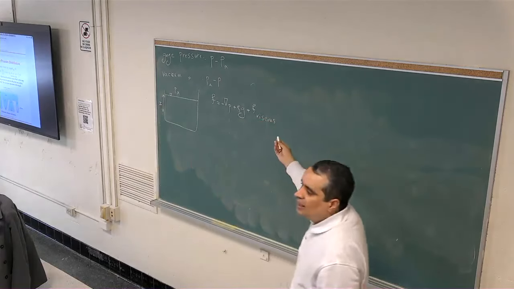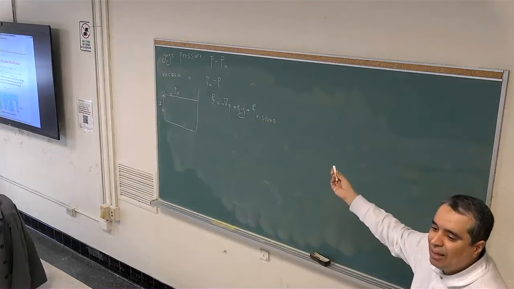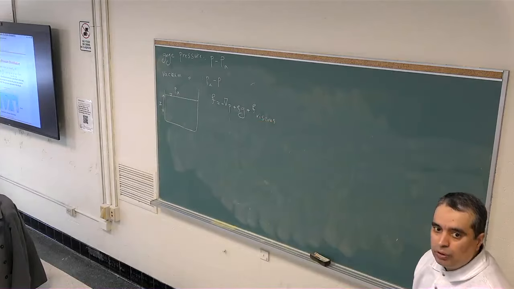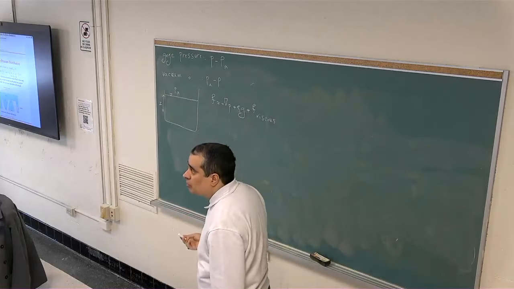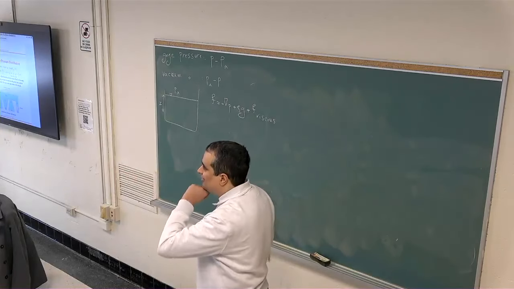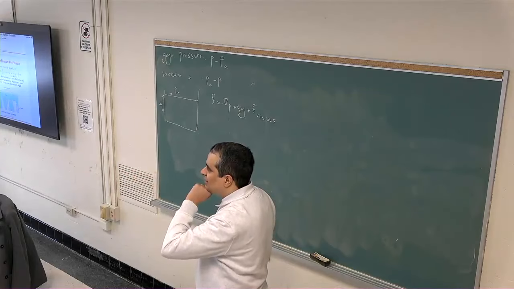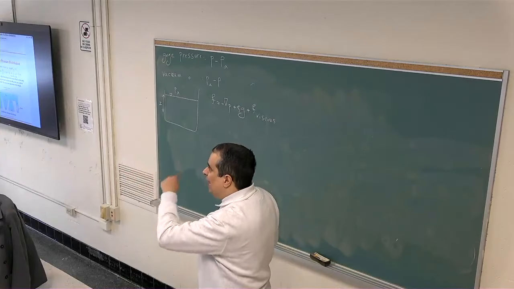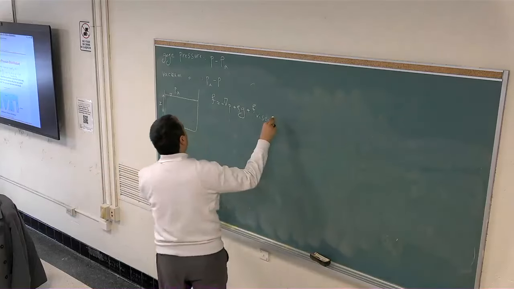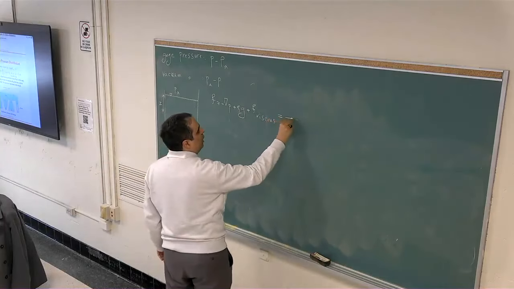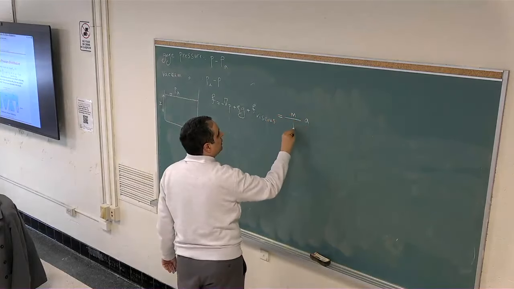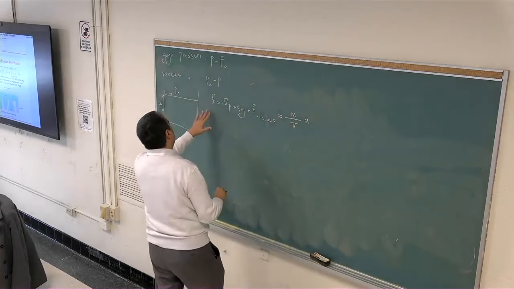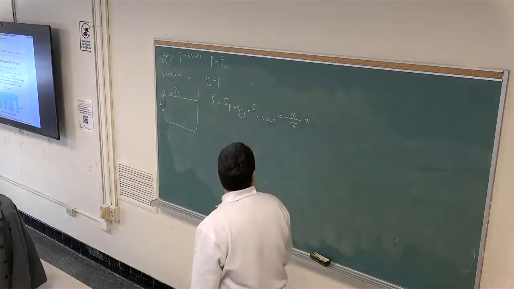From Newton's second law, what is F equal to? Rho times acceleration, MA, divided by V. You are correct, because this F is force per volume.